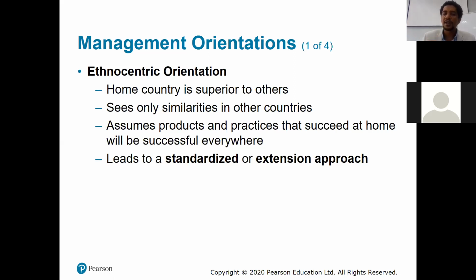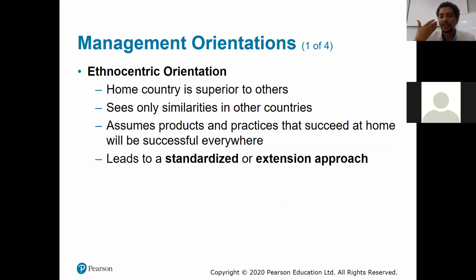Which means they are trying to sell the same products, not modified, to customers in other parts of the world, which is not always good. They assume products and practices that succeed at home will succeed everywhere else. So that is ethnocentric orientation.